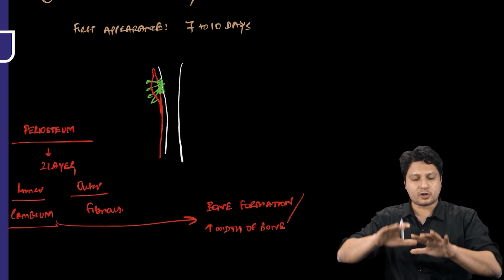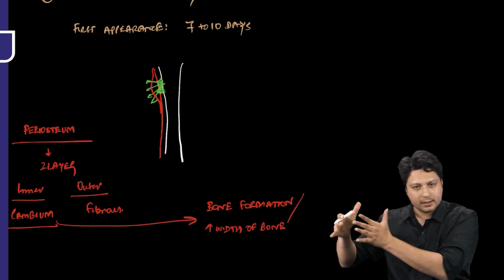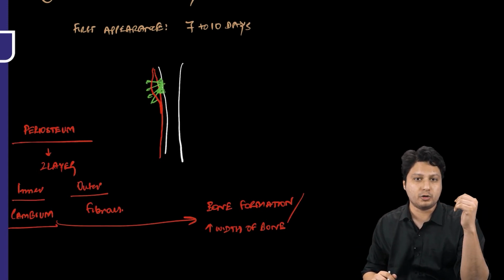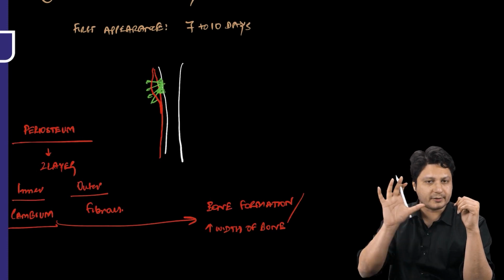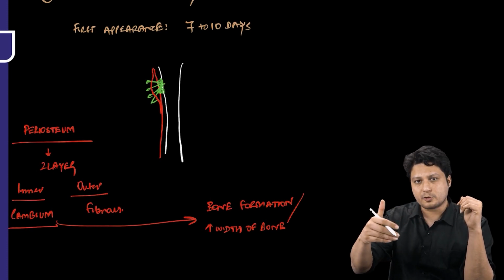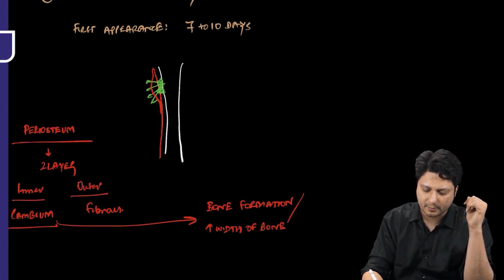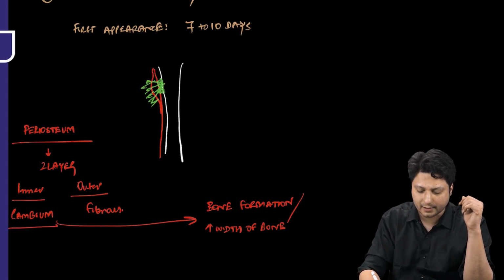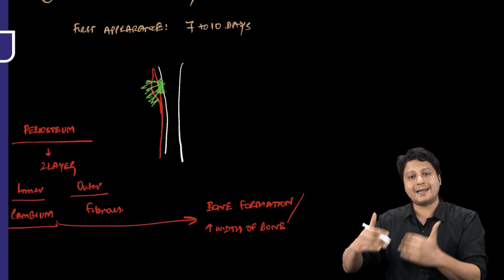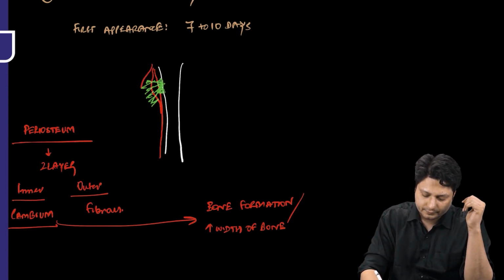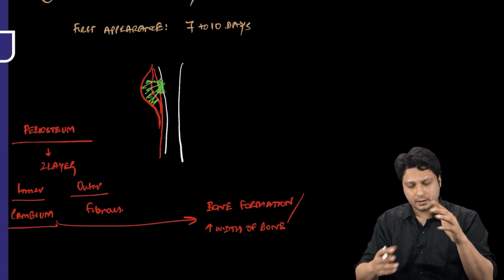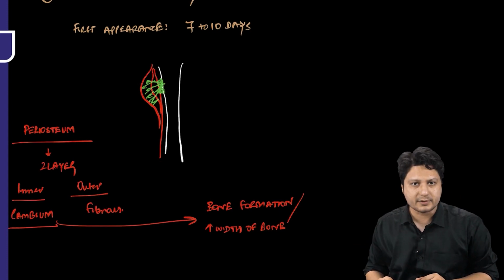It will lead to the formation of a bony wall in order to prevent the organism from moving out of this restricted zone. But if the organism is virulent enough or fulminant enough, it will progress further. So the cambium layer of the periosteum will take another attempt to limit the progression of this abscess or the organism.